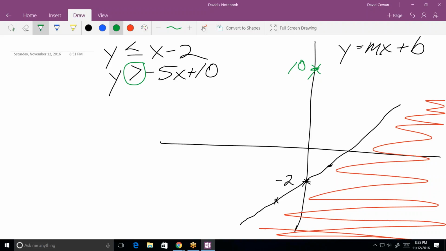That's the difference between a dotted line and a solid line. Okay? Now, how do I find another point on this line? Rise over run. The slope. Slope is key. The slope is -5. How do I get a slope of -5?